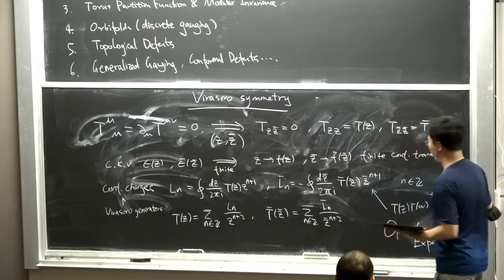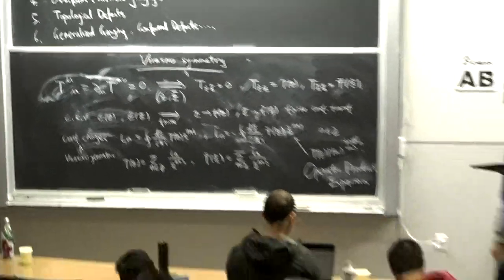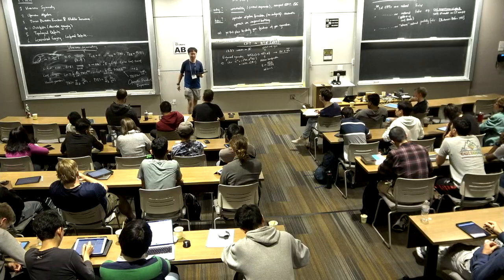Before writing down the explicit form of this OPE, let me introduce some general concepts about the powerful machinery that's available in two-dimensional conformal field theory. You can do this in general quantum field theory, but it becomes extremely powerful in conformal field theories, and even more powerful in two-dimensional conformal field theory.